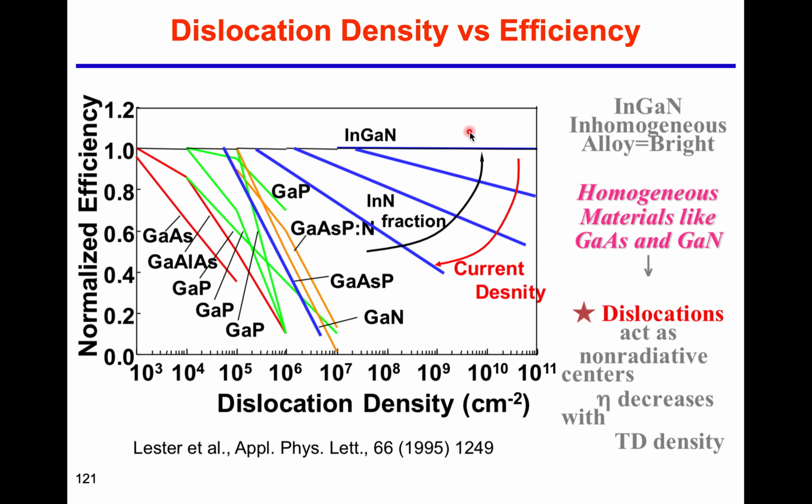Another very interesting thing for gallium nitride is that when we increase the dislocation density, the efficiency does not drop so fast. Which means the other conventional materials, gallium arsenide and gallium phosphide, are very sensitive to dislocations. But indium gallium nitride is not so sensitive.